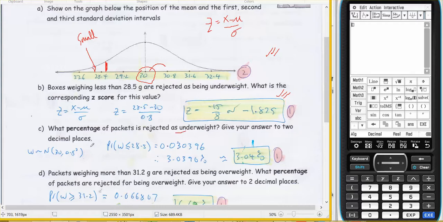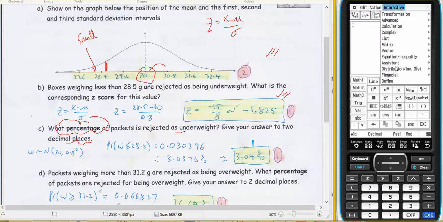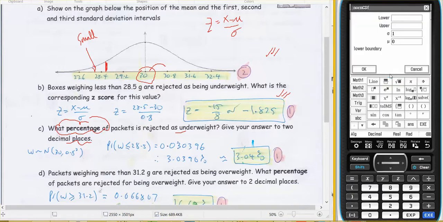What percentage of packets are rejected as underweight? Give this answer to 2 decimal places. I need to find out the percentage and then round to 2 decimal places. So I know that it's normal, so interactive, distribution, continuous, normal CDF. They're going to be underweight, so they're going to go from negative infinity up to 28.5 with the standard deviation of 0.8 and a mean of 30.